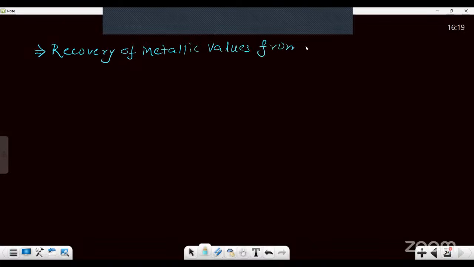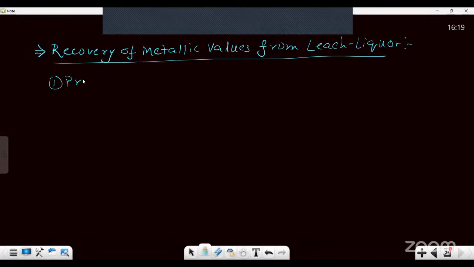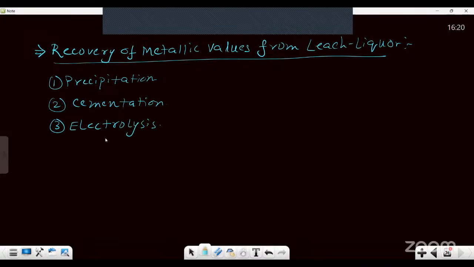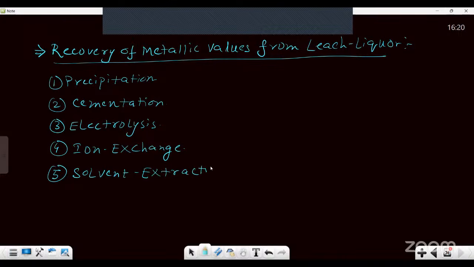There are various ways: precipitation, cementation (some of these processes we will discuss here), electrolysis or electro-winning, the ion exchange method, and the solvent extraction method. Right? So let us take precipitation.